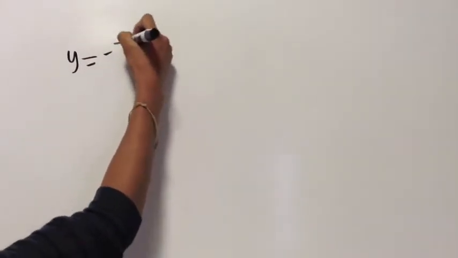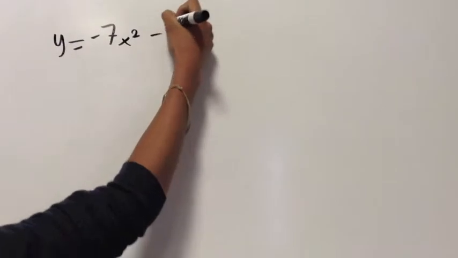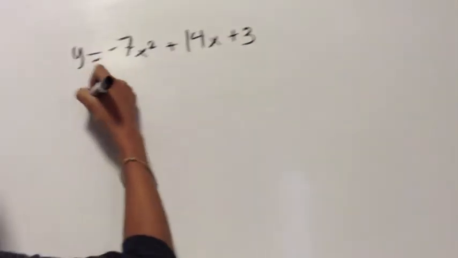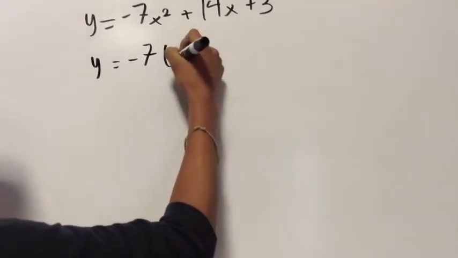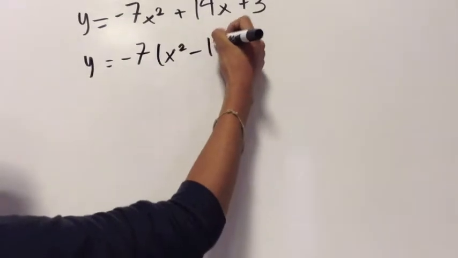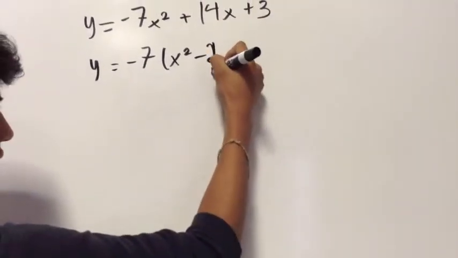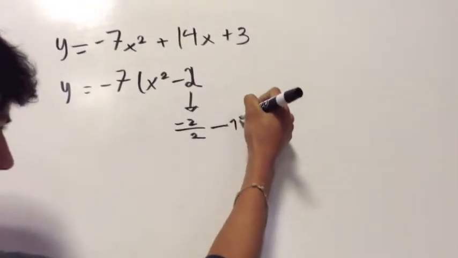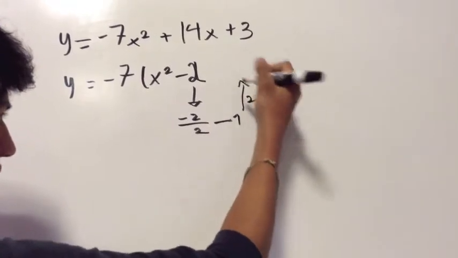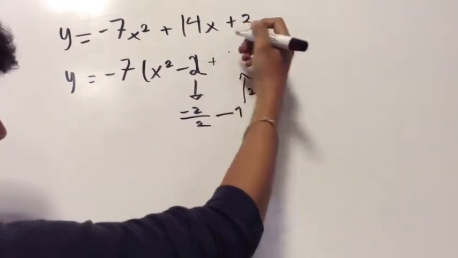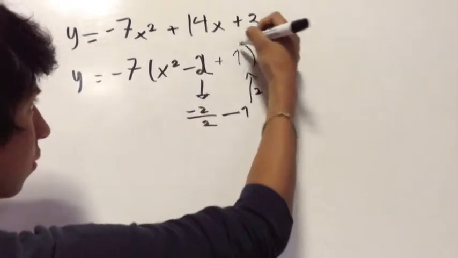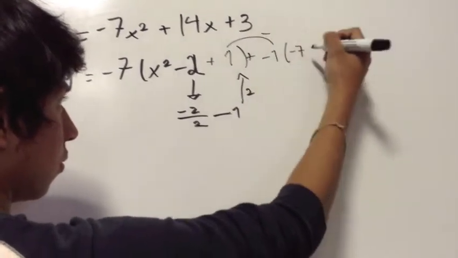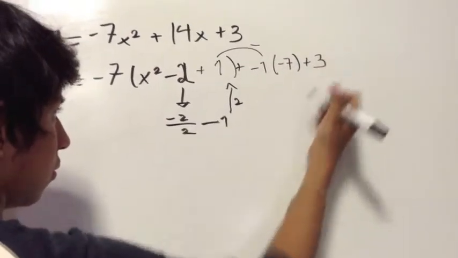So y equals minus 7x squared plus 14x plus 3, and y equals minus 7 times x squared minus 2x. Dividing 2 by 2 gives us 1, and 1 we have to raise to the square. So x squared minus 2x plus 1, plus the 1 with a different sign multiplied by 7 because we were factorizing the 7, plus 3.